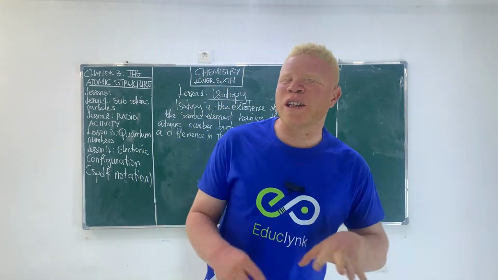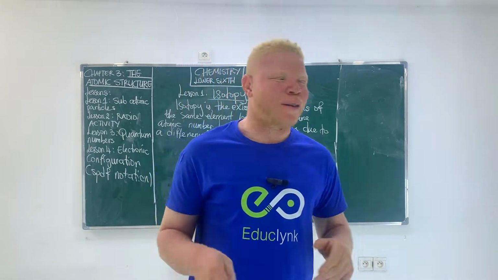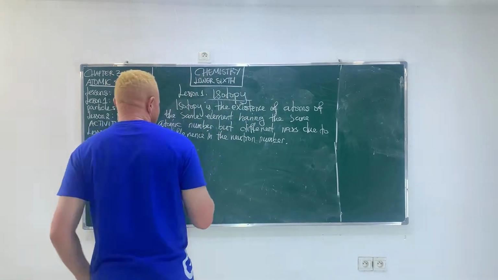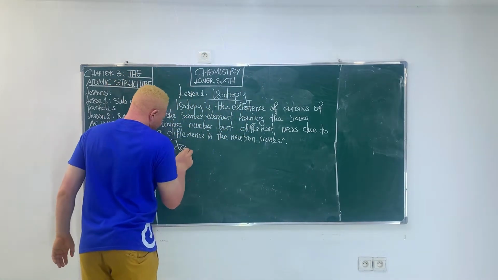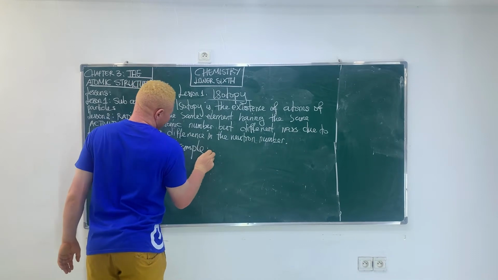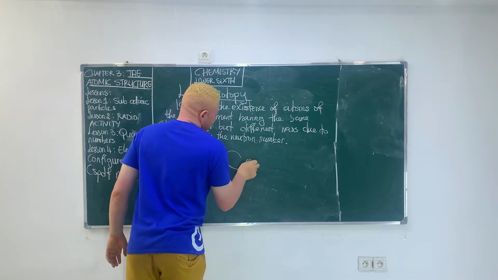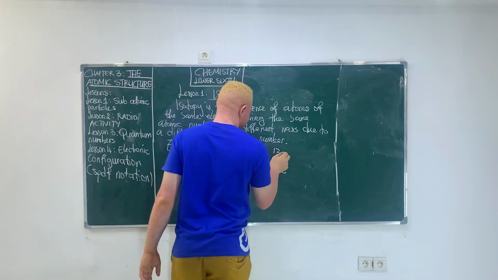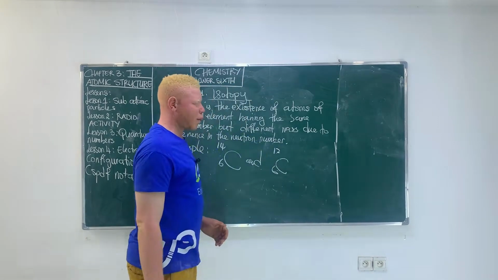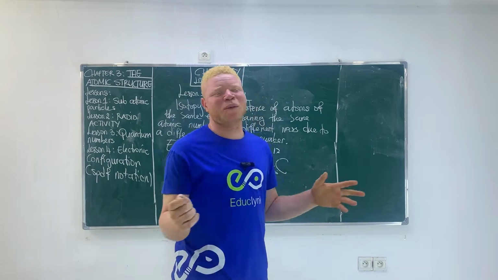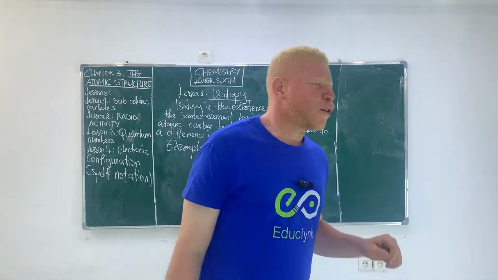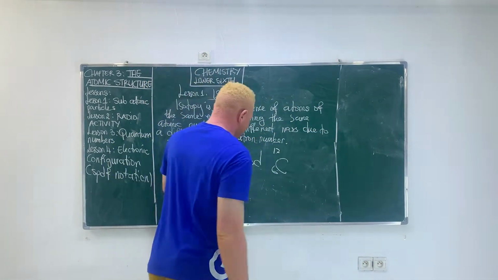So from the definition, we can have two cases. Let's take an example, the case of carbon. I have carbon 14, 6, and carbon 12, 6. What is the similarity between these two atoms? The first similarity is at the level of the proton number.